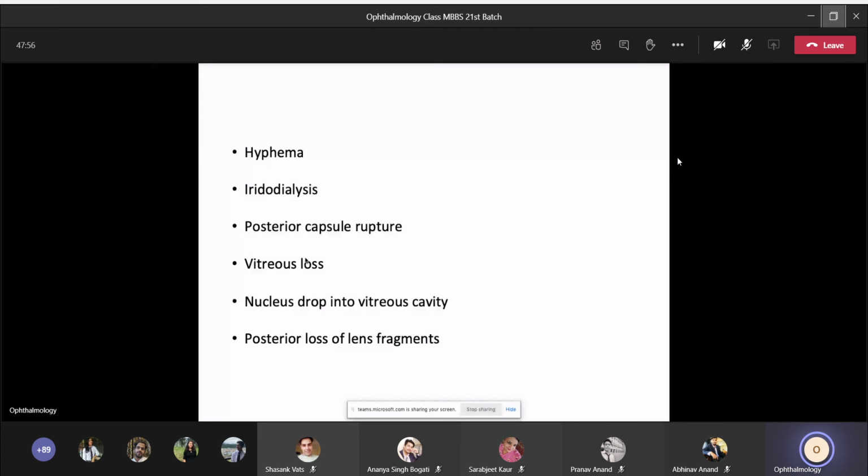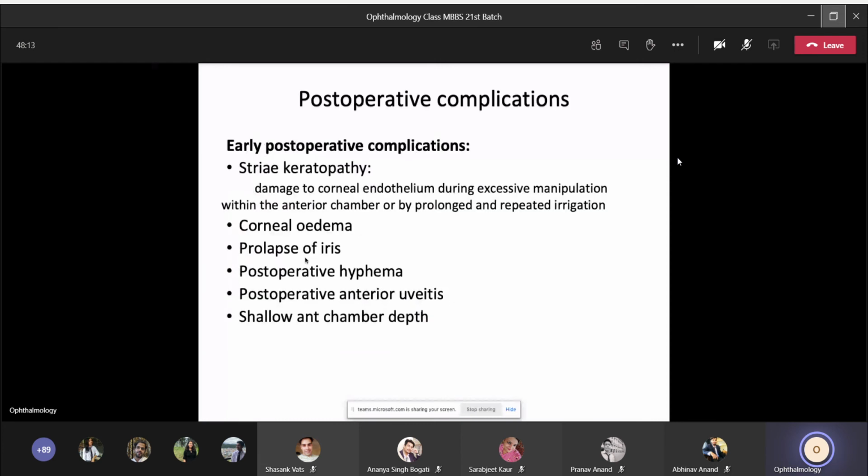Sometimes through the tear in the posterior capsule, instead of the nucleus coming out, it may go back and drop into the vitreous cavity. Sometimes only a few lens fragments may drop into the vitreous, that is posterior loss of the lens fragment. That was the intraoperative complication.